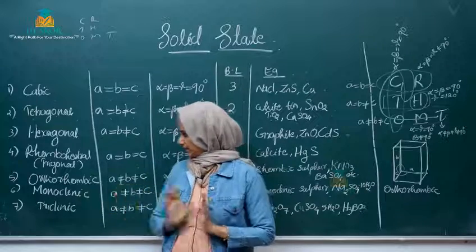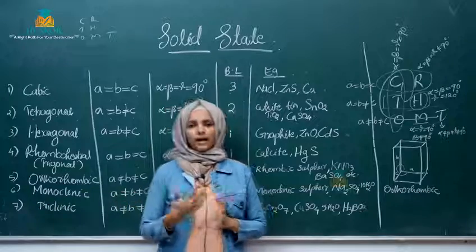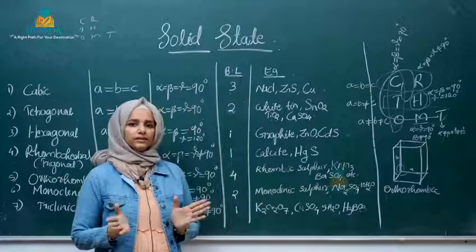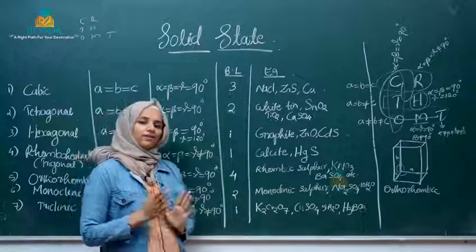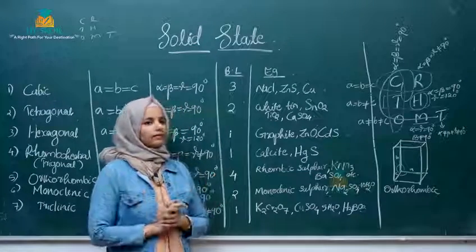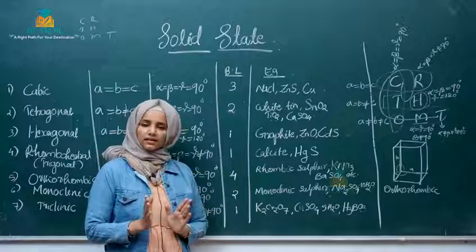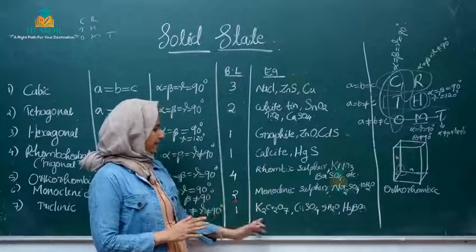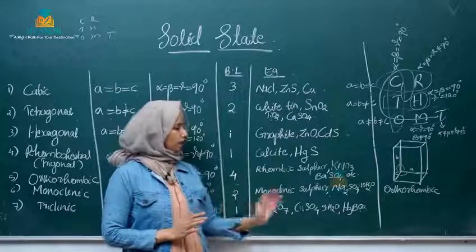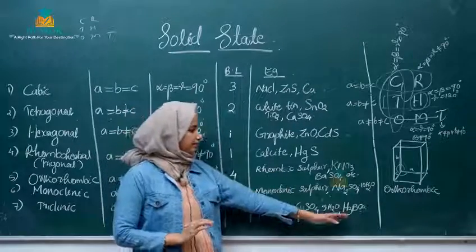And the last one is the triclinic system, where the sides a not equal to b not equal to c, and the angles alpha not equal to beta not equal to gamma not equal to 90 degrees. Here only one Bravais lattice is present, which is primitive. Examples are K2Cr2O7, copper sulphate pentahydrate, and boric acid.